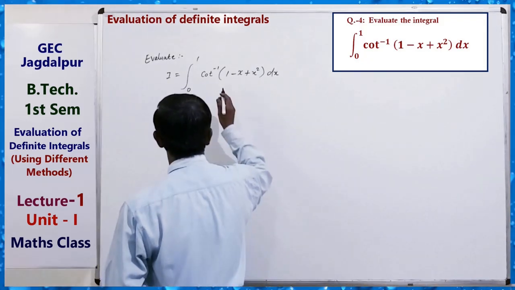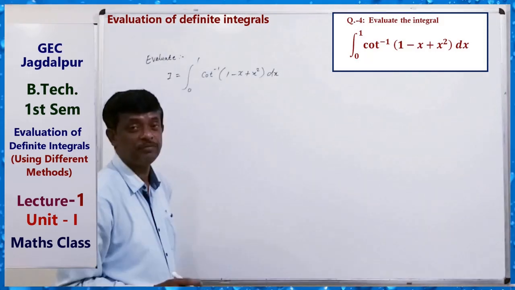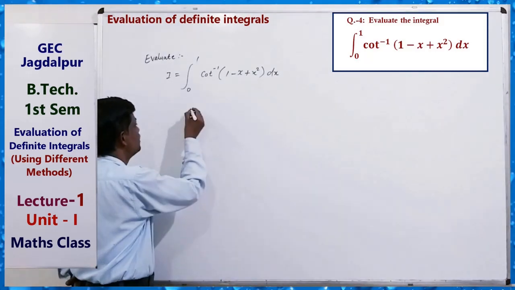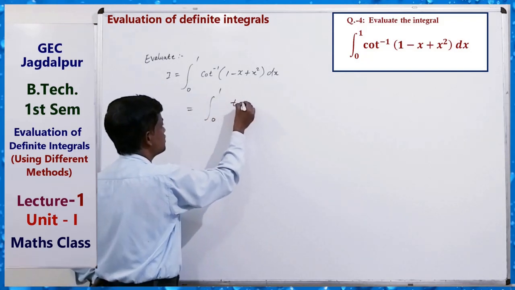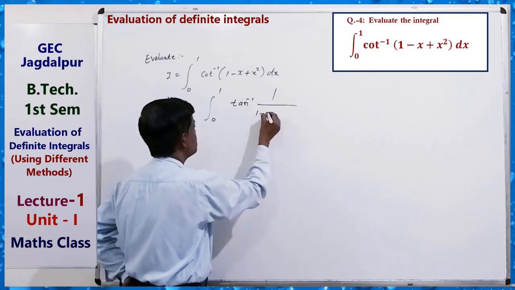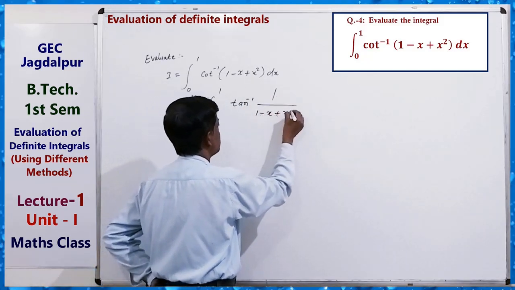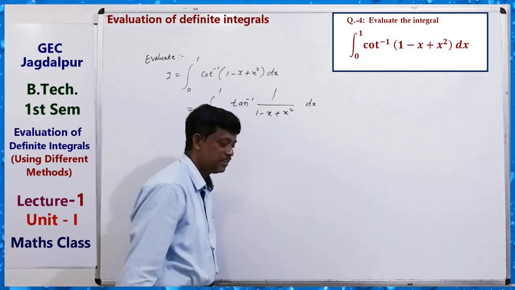So here, first of all write this cot inverse in the form of tan inverse. So here we can write the integral from 0 to 1 of tan inverse of 1 upon 1 minus x plus x square. We can write this like this. Okay?